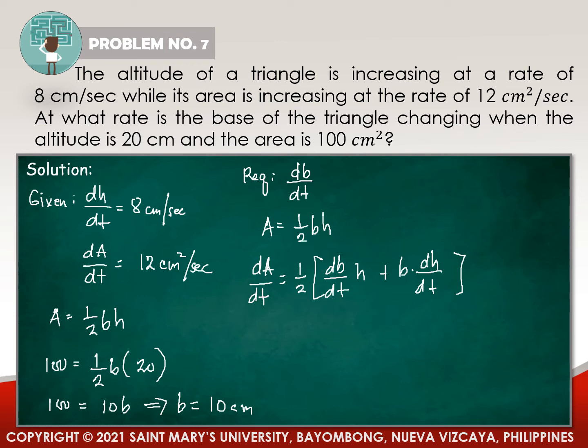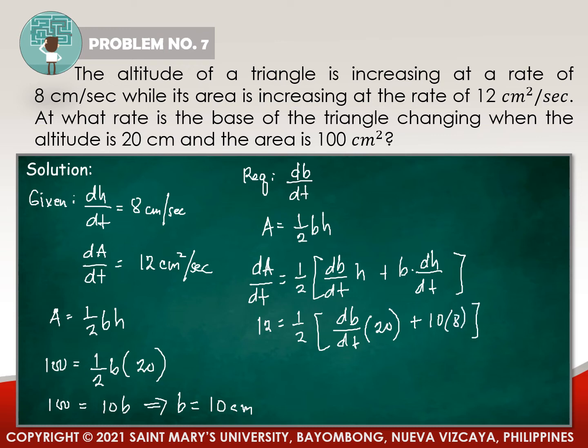Then magsasubstitution na tayo. So ano yung ating dA over dt? That is 12. So you have 1/2 times db over dt, which is the missing one. Then ang ating h is equal to what? The altitude. So 20. Plus, ang b natin is 10. Then, ang dh over dt is 8. Ayan. So, solve lang.